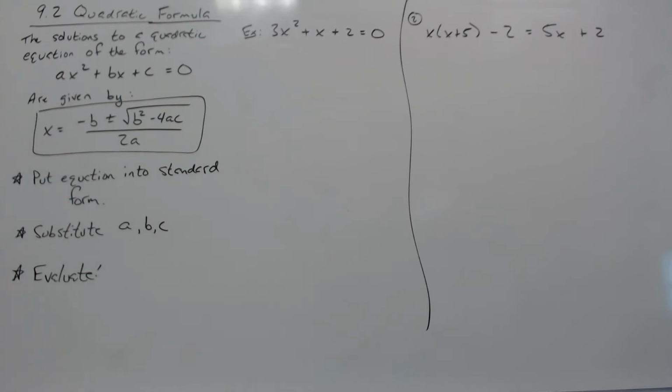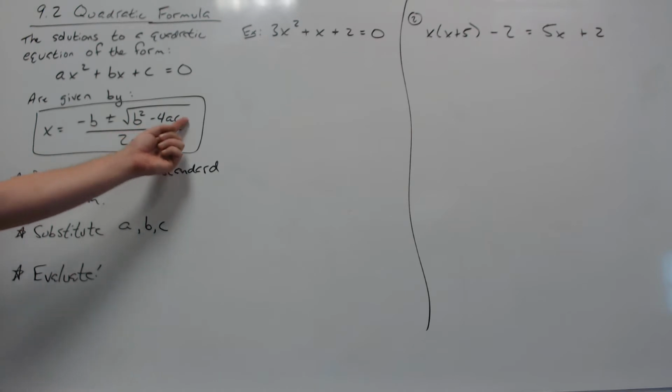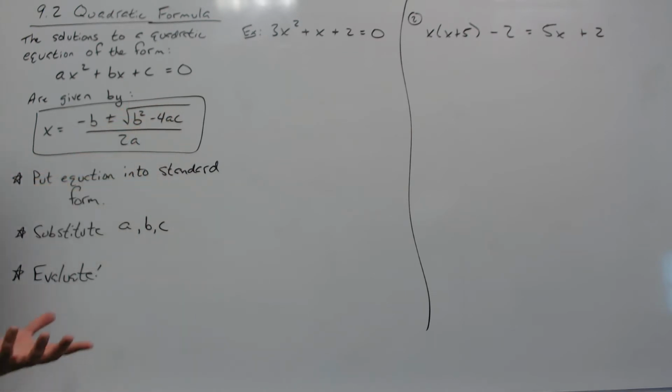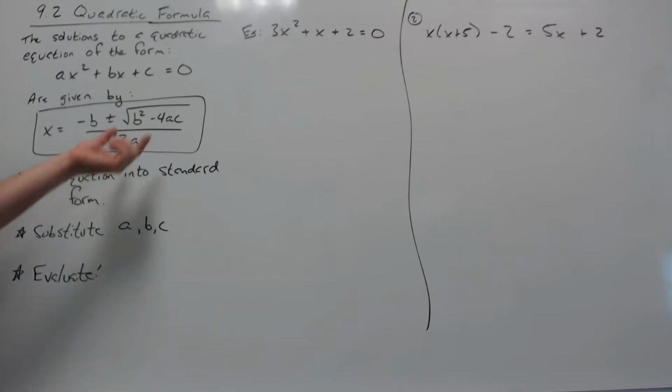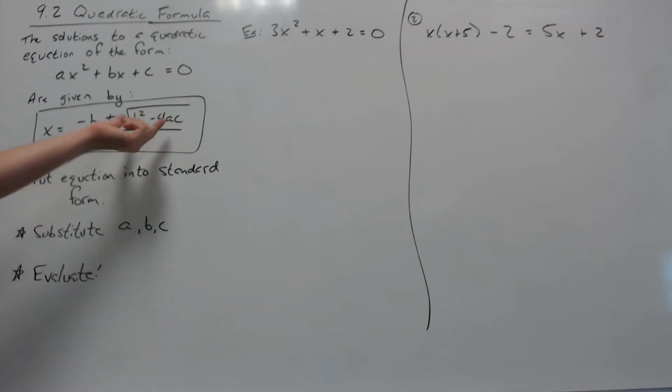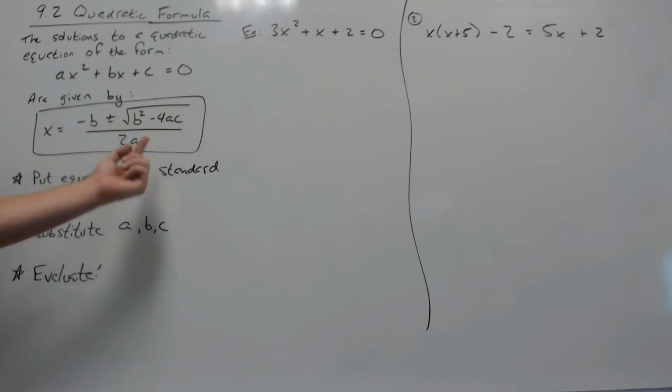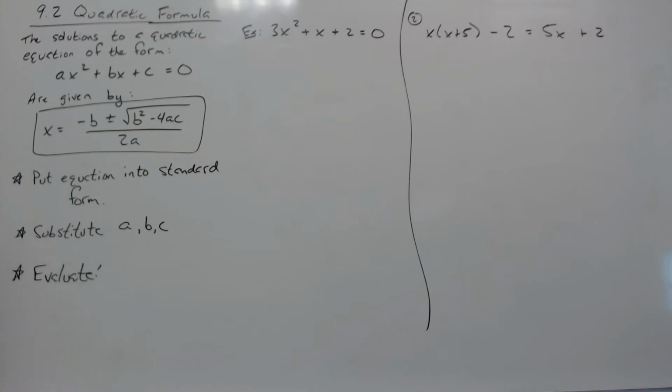Sometimes there's going to be very little to do to evaluate, depending on what happens under the square root. If whatever comes out of the square root piece doesn't simplify, then there's not much work to do. But if we have to simplify the square root, sometimes this could be negative. We might end up with imaginary values. But really all the simplification usually comes from the square root piece. Other than that, we're just plugging numbers into our formula and popping values out.